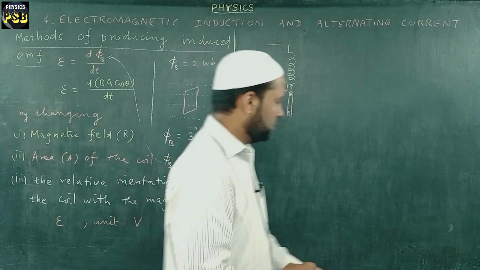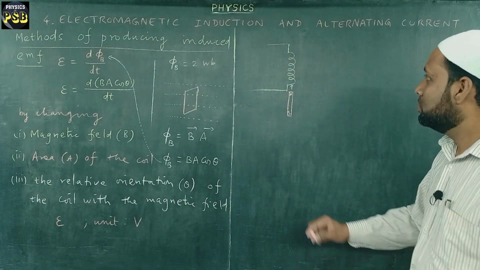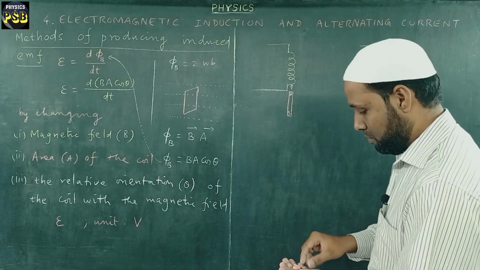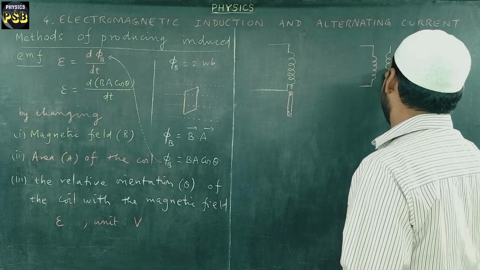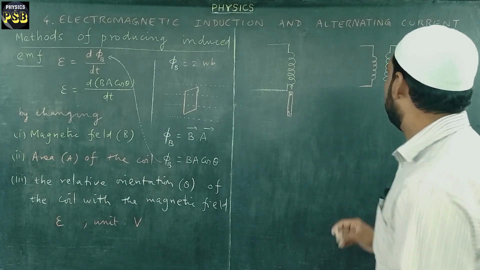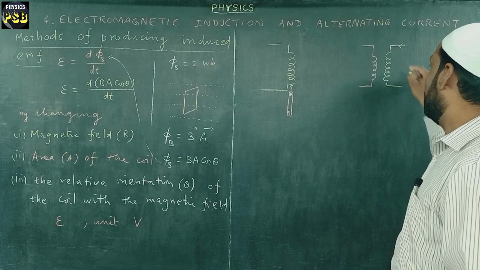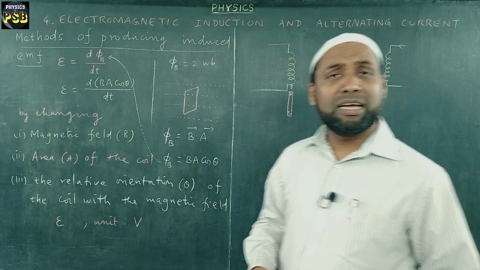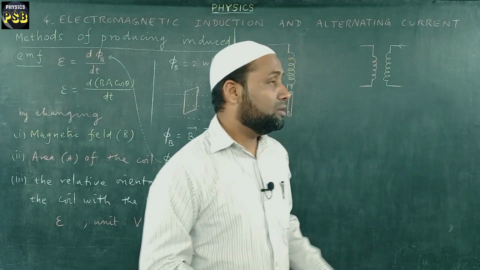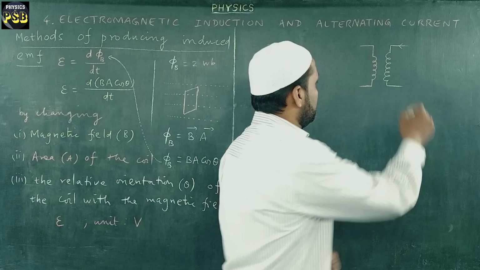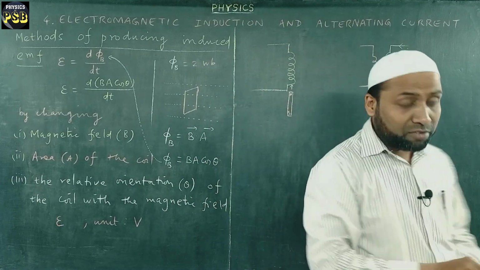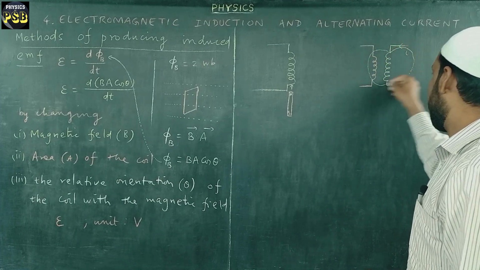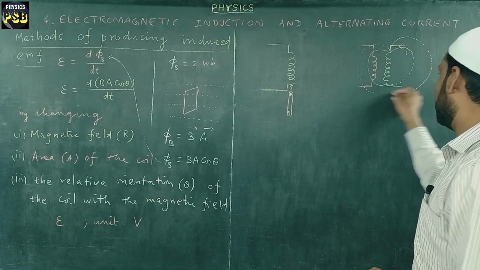Second method is to take two coils. One coil, and another coil. We pass current through any one of the coils. When you pass current through one of these coils, a magnetic field is generated around that coil. Suppose I pass current through this coil, it produces a magnetic field. The magnetic field produced around this coil links with the second coil.